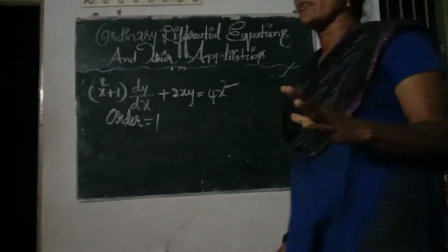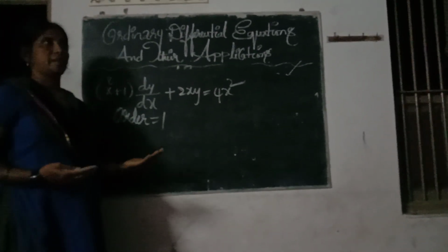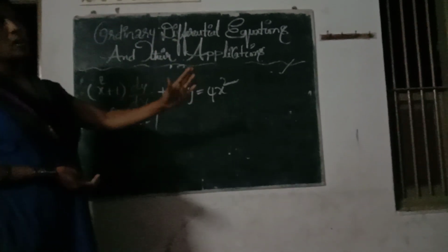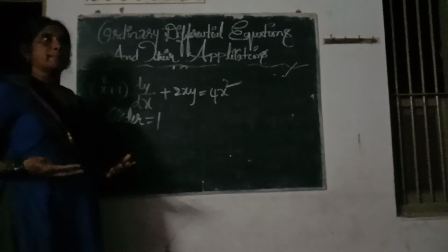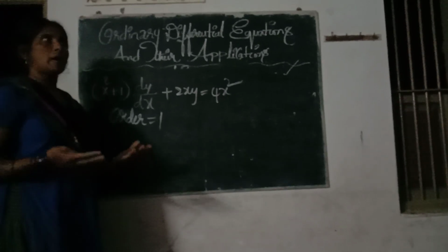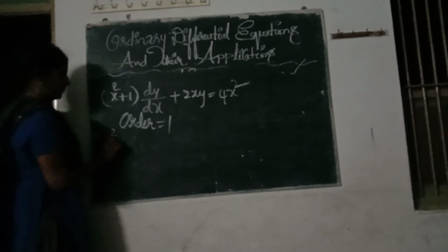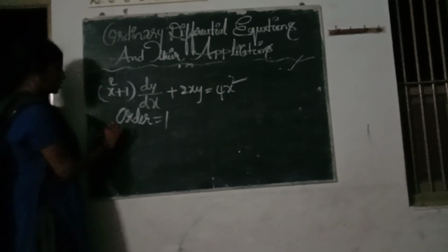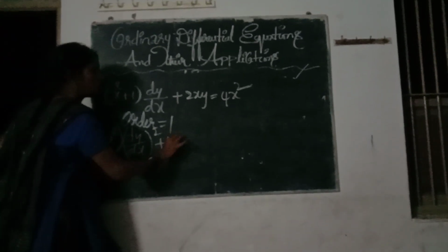Next I will explain the degree or power of a given differential equation. In a given differential equation, the power of the highest order derivative is called the degree. Suppose for example, (1 minus x square)(dy by dx) whole square plus 2xy dy by dx plus 1 minus y square equals 0.